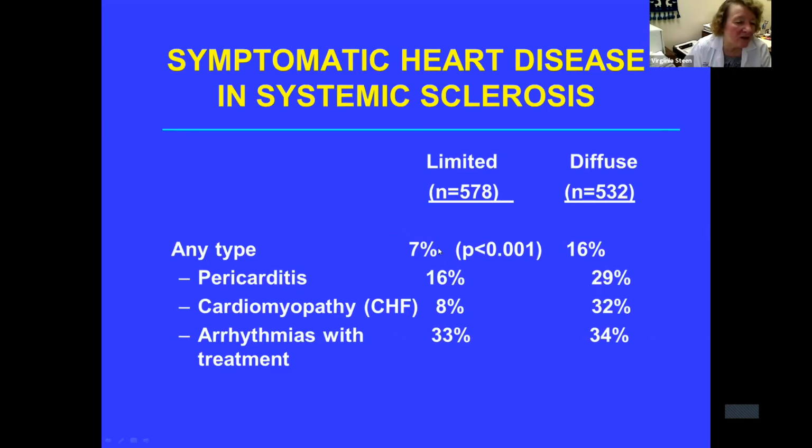Overall, severe heart involvement, independent of pulmonary hypertension, was only seen in 7% of limited and 16% of diffuse. A lot of pericarditis, but there's also a lot of pericardial effusions that aren't clinically significant. Cardiomyopathies are most common in diffuse, and then arrhythmias requiring treatment are also quite common.